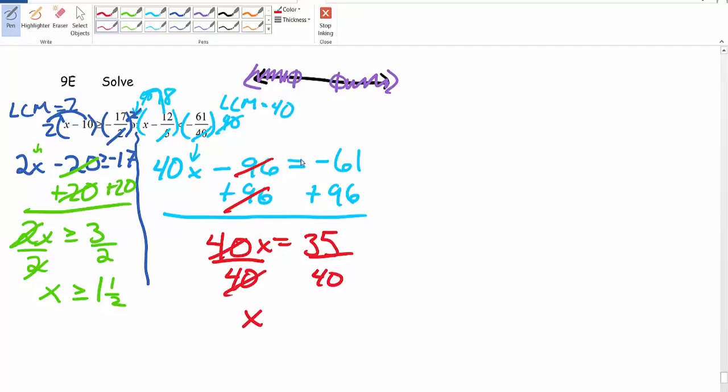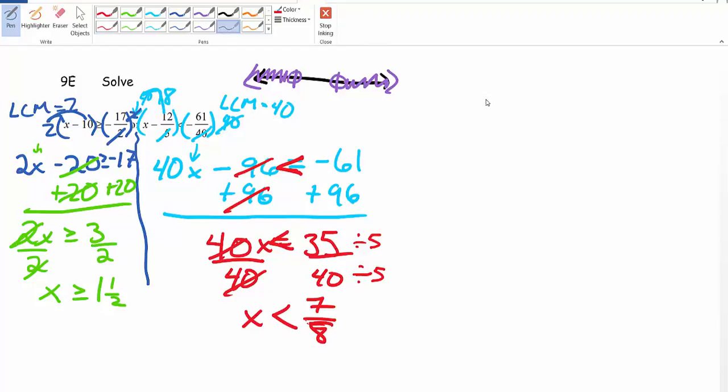Oops, we are dealing with an inequality, my apologies. It is less than. So x is less than 7/8 when you simplify it. So you divide the top and the bottom both by 5. So 7/8 is our simplified version of this.